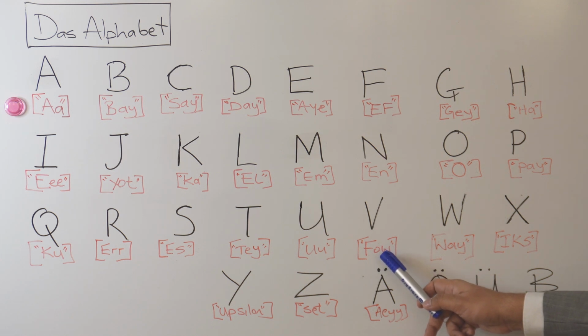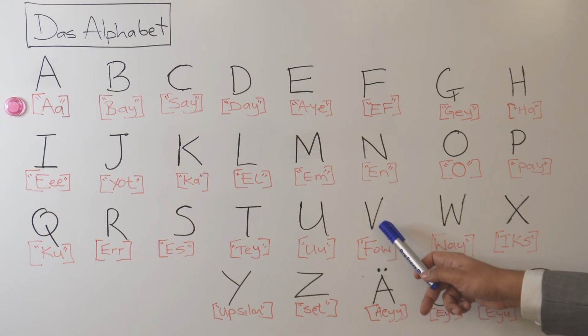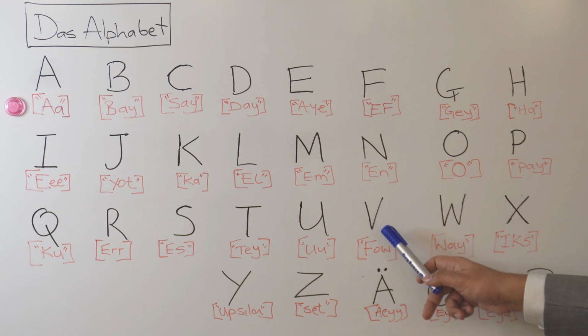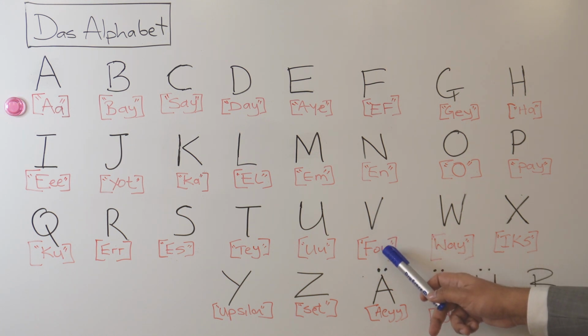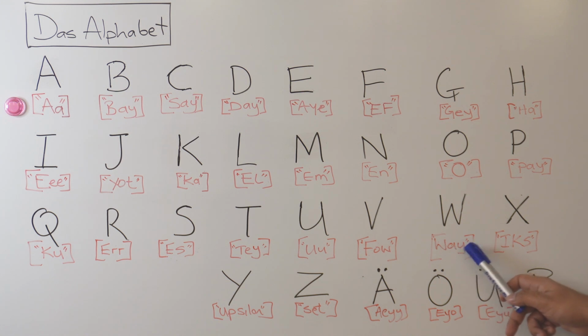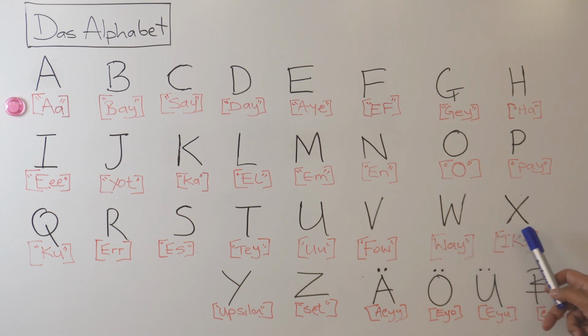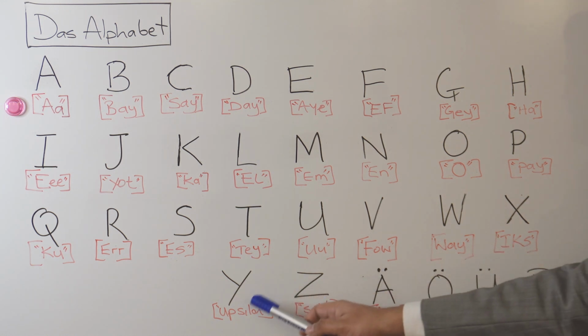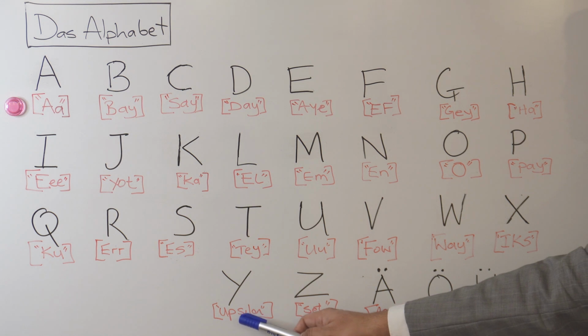V, V. You see, we do not pronounce V as V, but as F in German, F-O-W, V. And W is pronounced as V, like W-A-Y, V. X as X, I-K-S, X. Y as Y, Y.